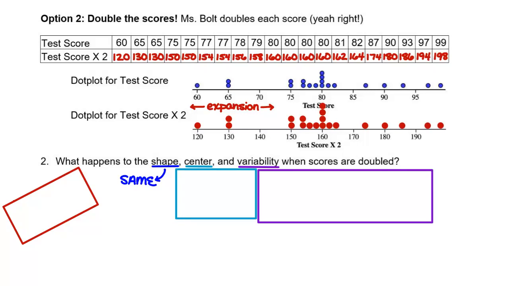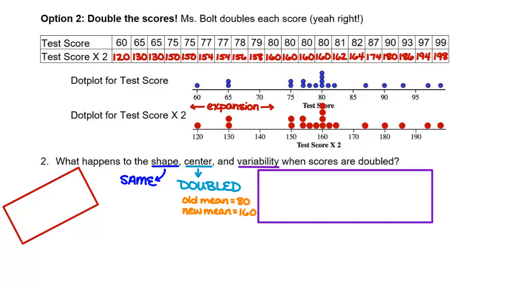What happened to the center? It doubled. Old center was 80. New center is now 160. Now this next question, because of the way this graph is drawn, I feel like it's a little bit harder to see. But I want to talk about variability now. Again, variability is how spread out my data is, and because of the scale on the x-axis, they look identical.